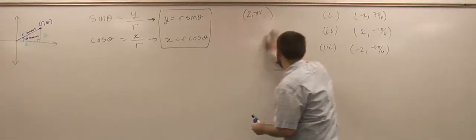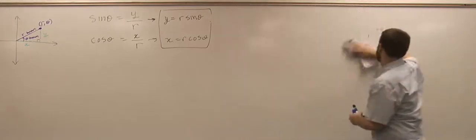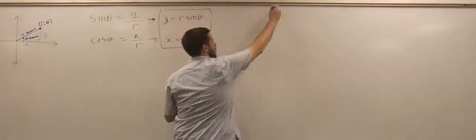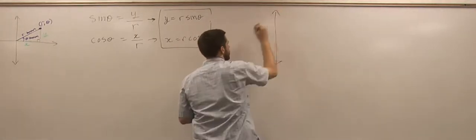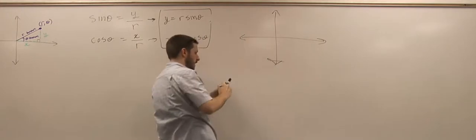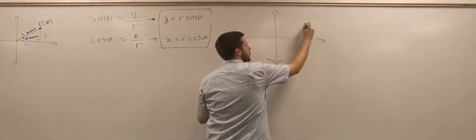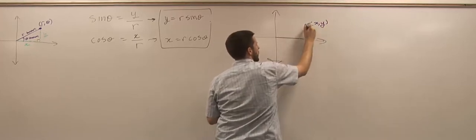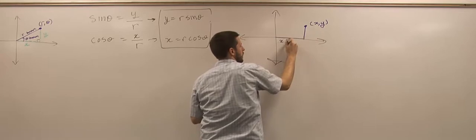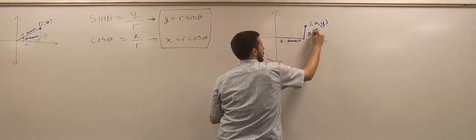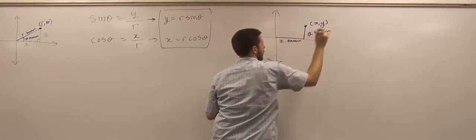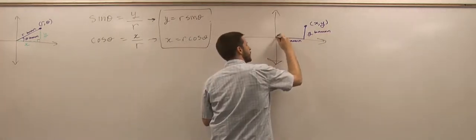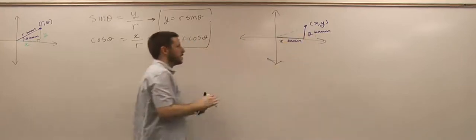The other way is where the other two equations come from. If I know instead x and y, so it's the same picture, except now I know my xy coordinate. I know how far I went this way, and I know how far I went up. And I want to figure out how far my radius is, how far I go from the origin to the point.